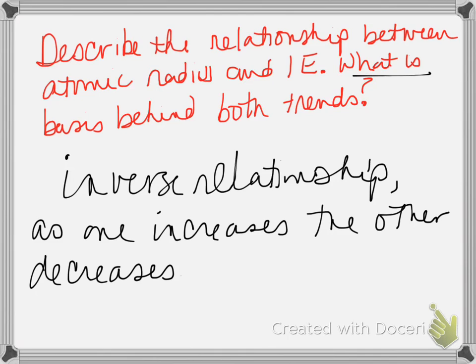Now, the more complicated part of the question is, what's the basis behind both trends? And to answer that, we really need to think about what ionization energy is and what determines the size of an atom, what determines its atomic radius. So we know that the nucleus has protons, which have a positive charge, and electrons are out in the electron cloud at some distance. And we know that there is a powerful attractive force between these two things, pulling them together.